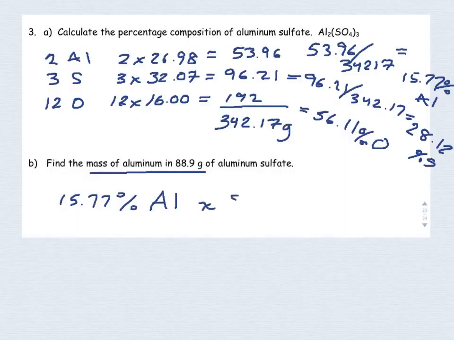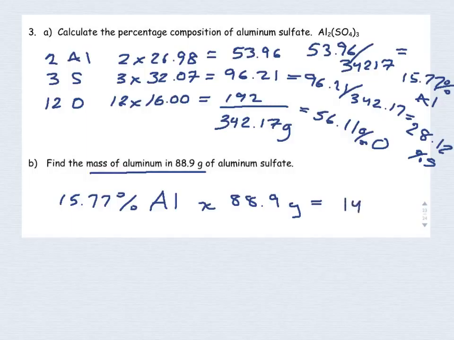In our case, we've got 88.9 grams. So take that number and multiply that by the percent changed back into a decimal. So 88.9, multiply that by 0.1577, and that'll give you the amount of the 88.9 grams that's strictly from the aluminum.